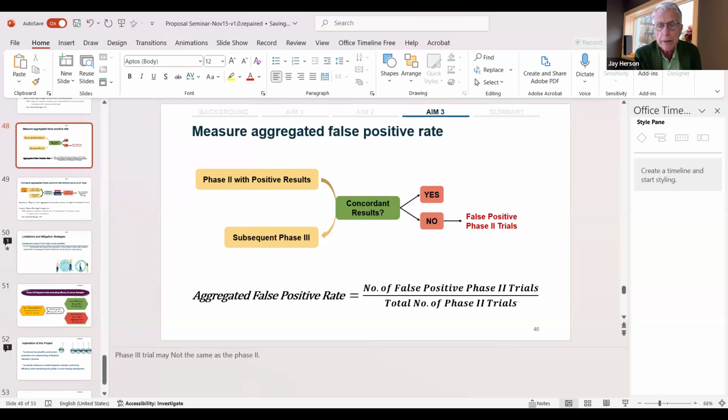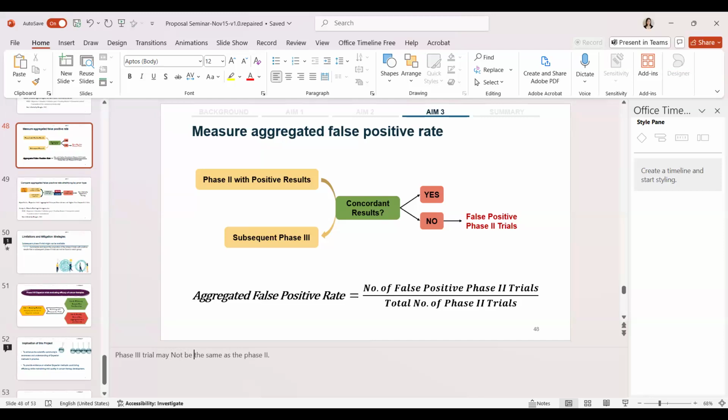And that is true. Endpoint, eligibility, dosage, those could all change. In the diseases I am familiar with, that is so. In other diseases, perhaps infectious disease, it will be a smooth transition.